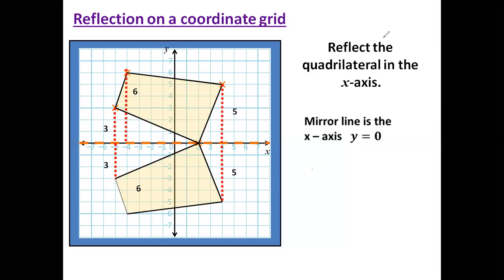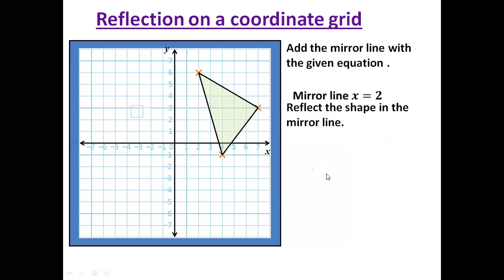Okay, so here you have this triangle. They tell you here the mirror line is x equal to 2. So reflect this triangle in that mirror line, x equal to 2.